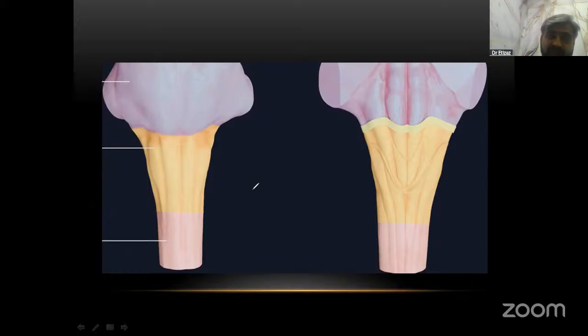But I will take only one transverse section. Why? Because more or less the structure is the same, just there is a difference of the nuclei. So we can put there that if we are going above, what kind of nuclei could be there? If we are going downward, what kind of nuclei will be there? We just have to memorize.